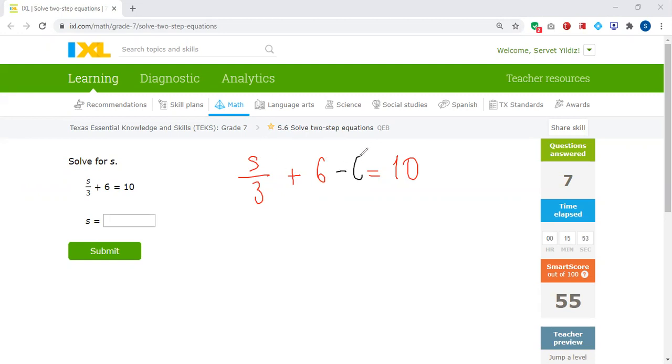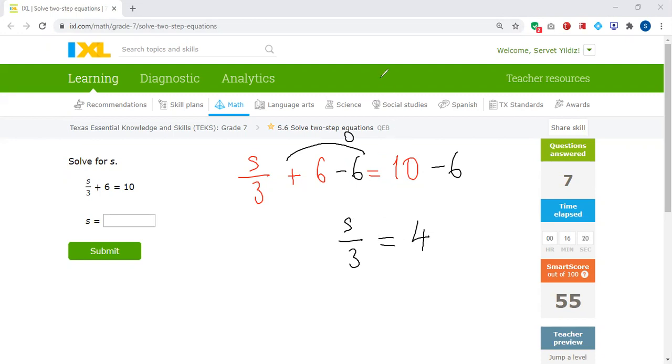So we are going to add 6 to both sides. And here, this is going to be 0. On the left side, I'm going to be left with s divided by 3. 10 minus 6 is equal to 4. So what number divided by 3 will give me 4? That's 12, right? We have done that in a previous example.